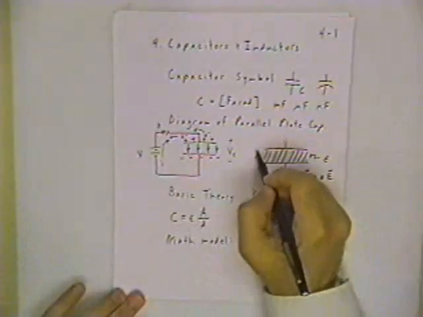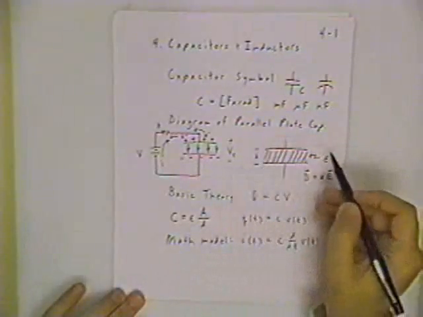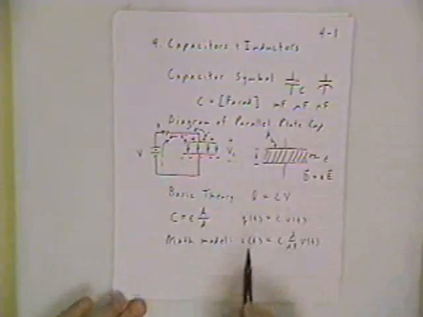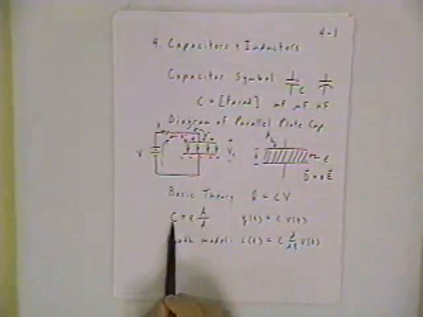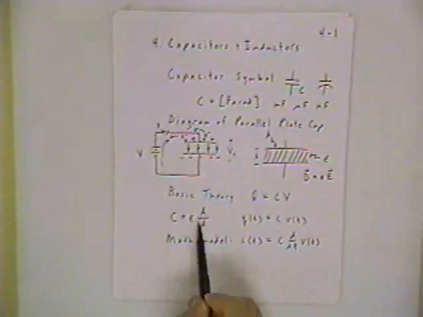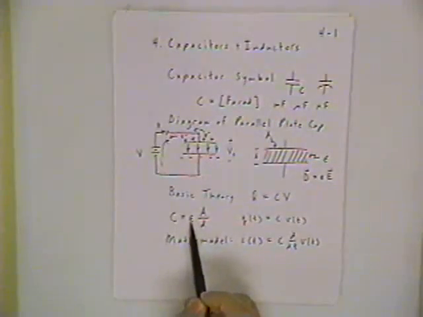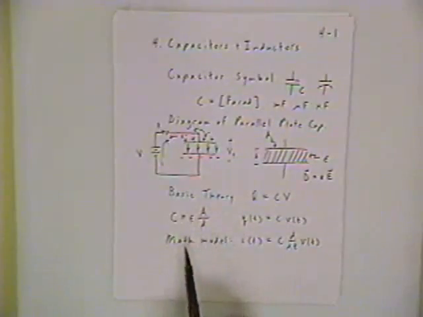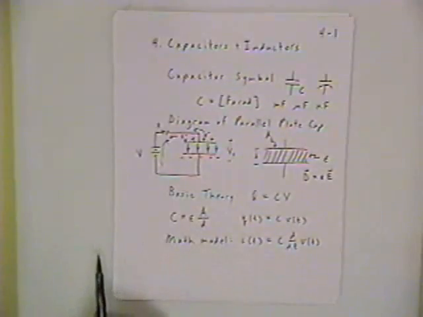So here we have a plate separation D, and a cross-sectional area A. It says if I want more capacitance, I can either fill the plates with a dielectric material that has a larger epsilon value, or I can make the plates bigger, or I can make the gap between the plates smaller, or I can do all three together and come up with a very high value capacitor.